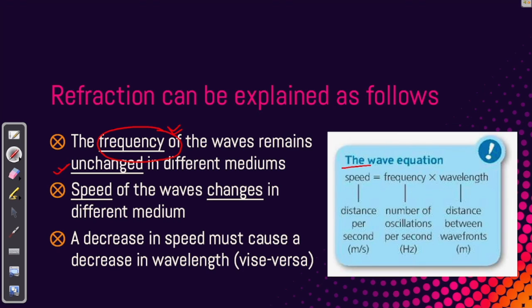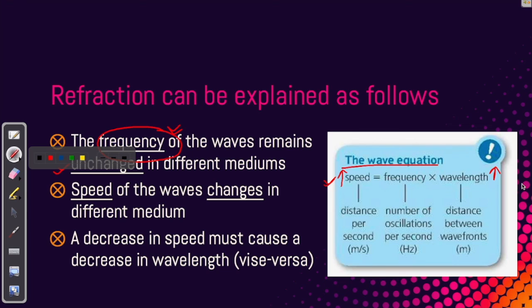And we know the wave equation, which is speed is equal to frequency times lambda. The speed of the waves changes in different media. Frequency never changes, it is the speed which changes. So if this equation has to hold true all the time, whenever the speed goes up, the wavelength also has to go up.